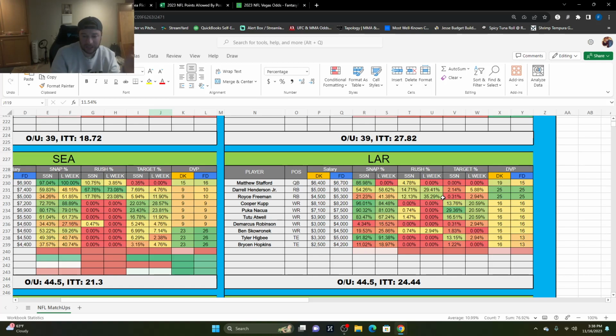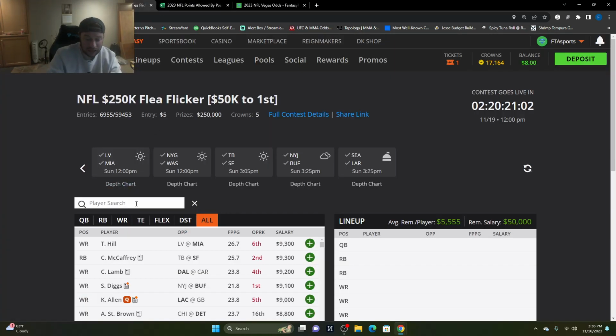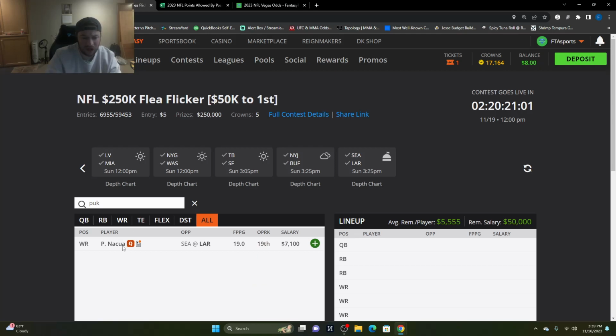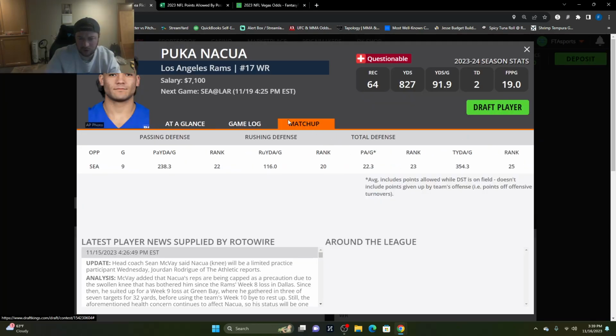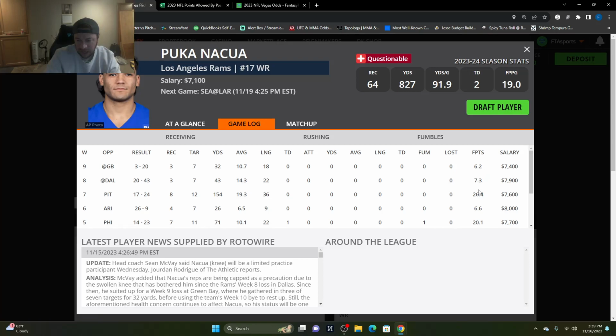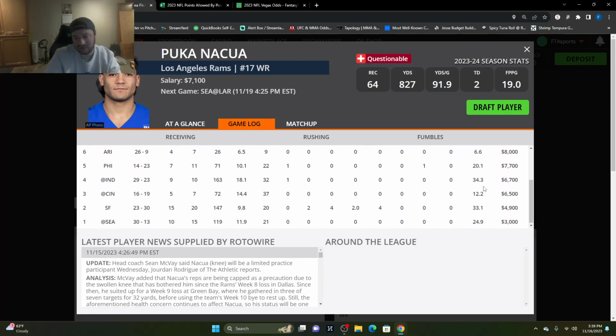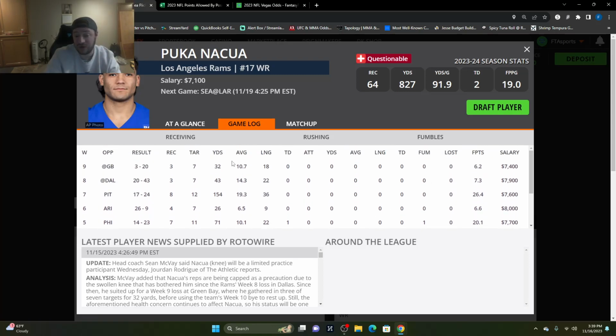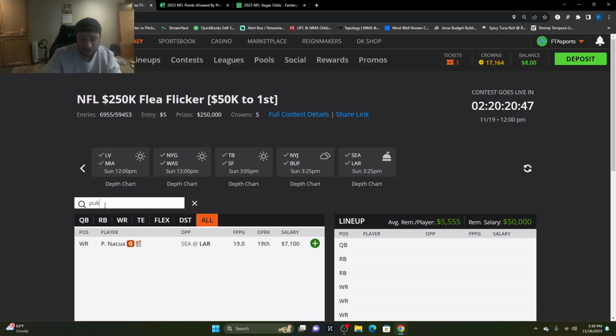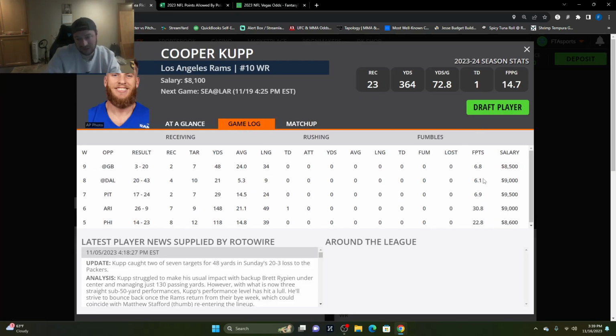I don't trust the Rams offense that much. Puka was on fire, obviously, before Cooper Kupp was here. He hasn't done much for a couple of weeks. He's kind of slowed down. The targets are still there, the receptions are not. Then you've got Kupp. We look at him, it's kind of 3 straight games of nothing.